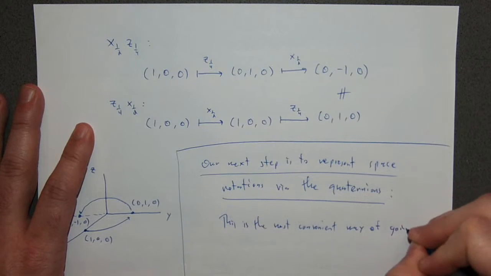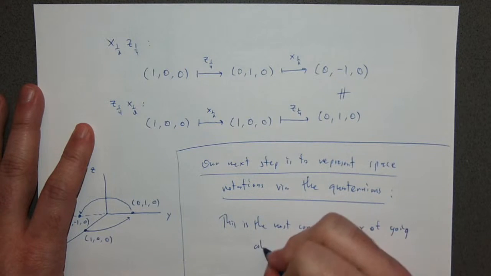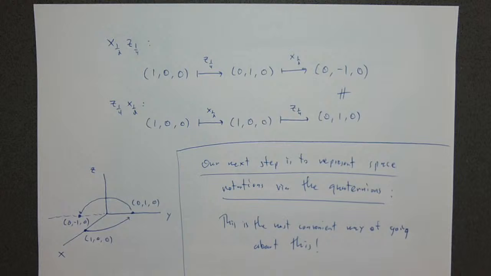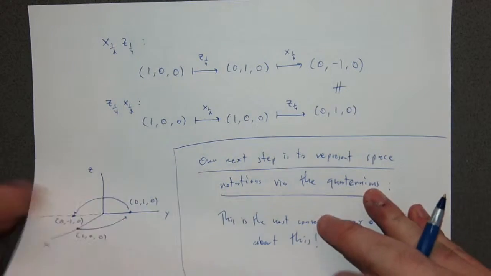This is the most convenient way of going about this. And it doubles as being mathematically the most elegant or beautiful way of doing this as well. It's a little bit subjective, but it is nonetheless true.